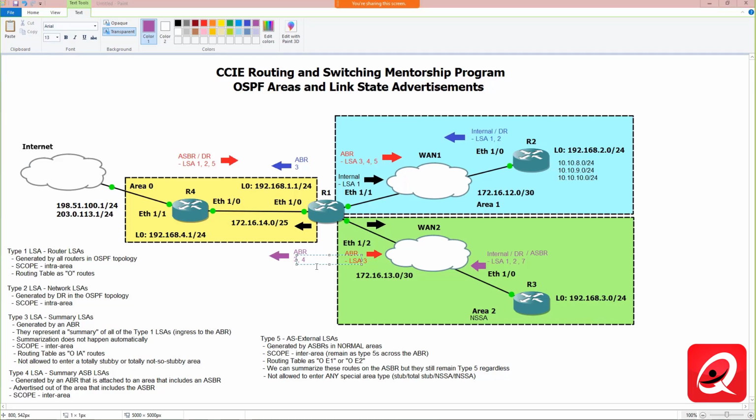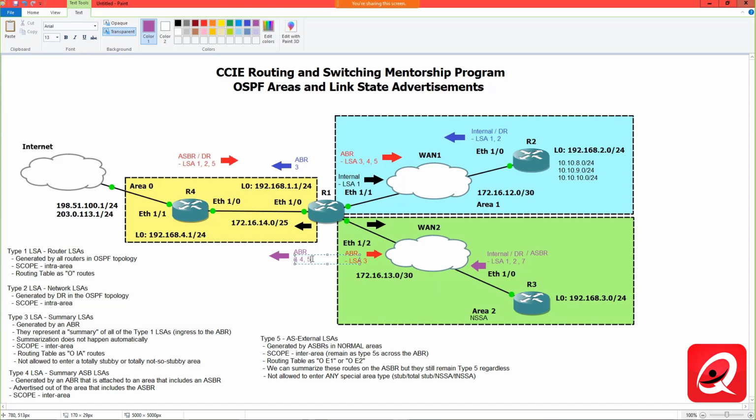So what I was saying before my batteries died is that the ASBR is sending in these type 7 LSAs, which are just regular external LSAs that represent the external routes. At the area border router, I'm still going to send in type 4s for reachability information to the ASBR in that special area type. But here's the kicker.